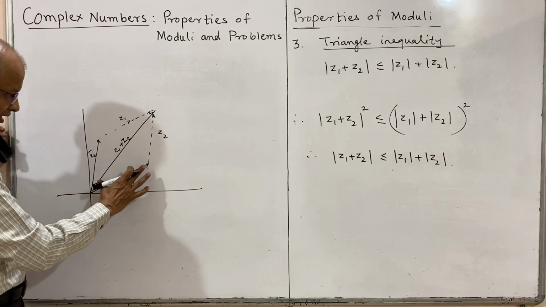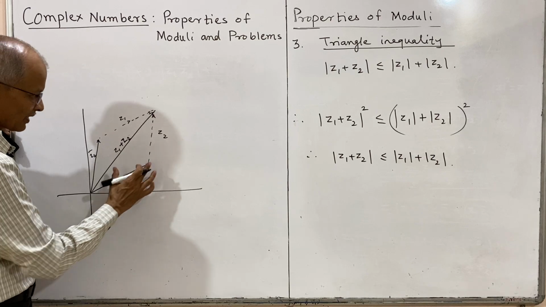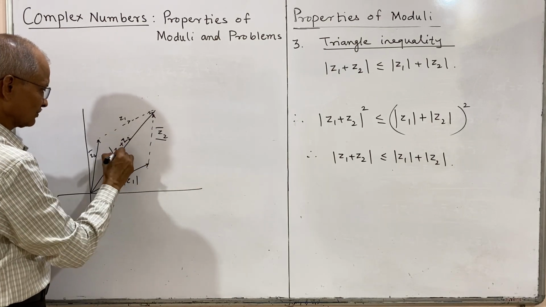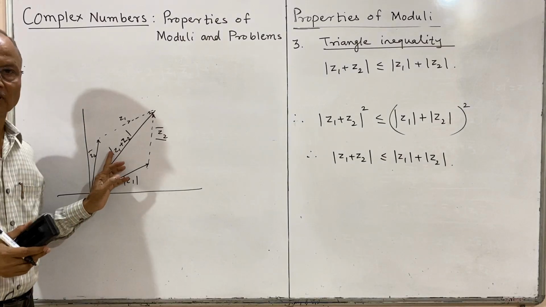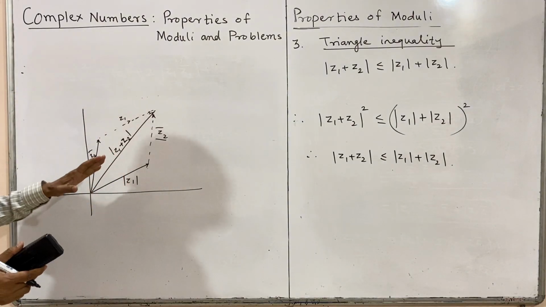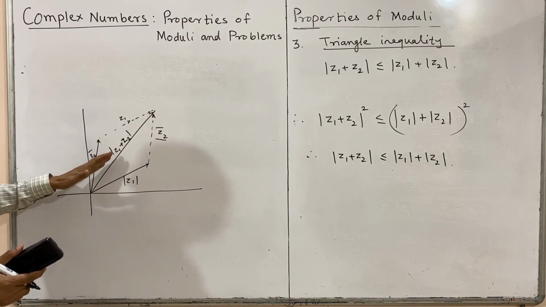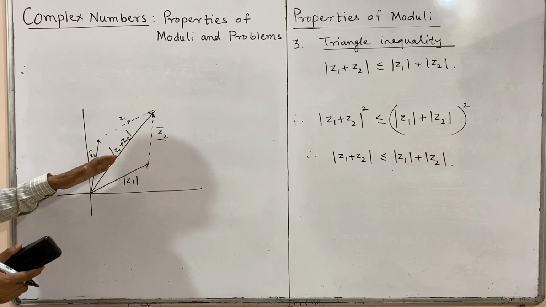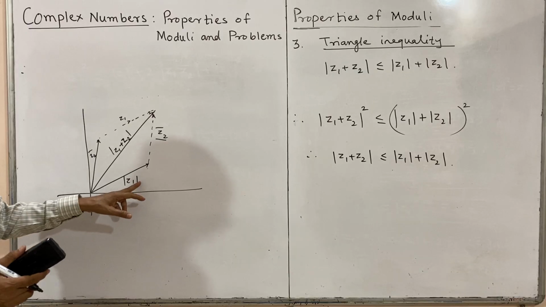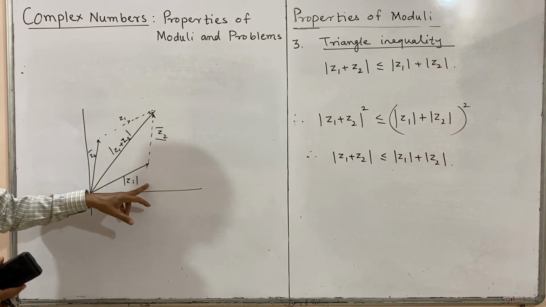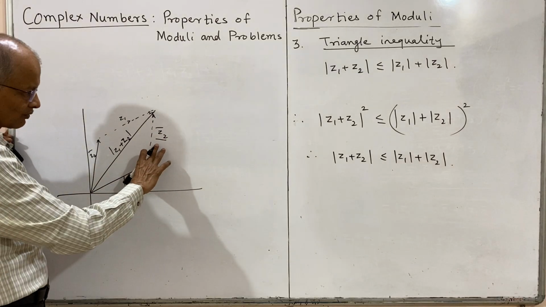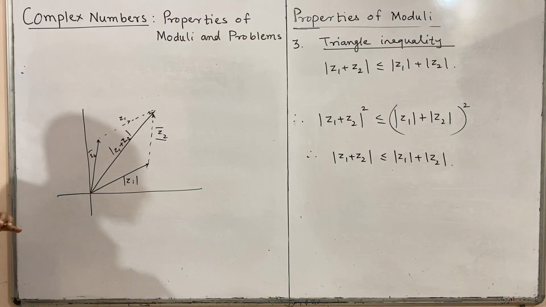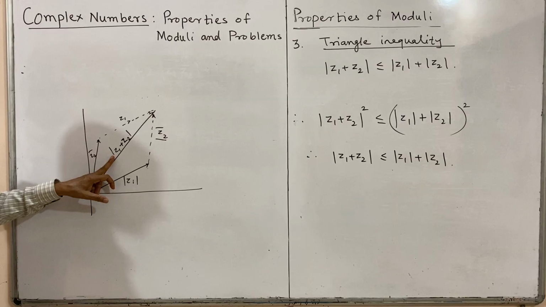The length of this side is mod z1, the length of this side is mod z2, and the length of the third side is mod z1 plus z2. Thus the sum of the lengths of two sides of a triangle is always greater than or equal to the length of the remaining side.